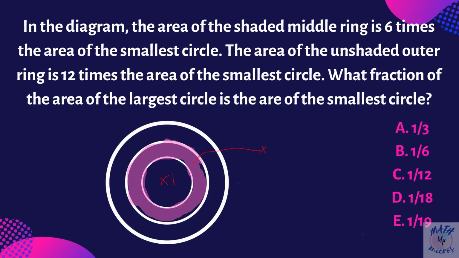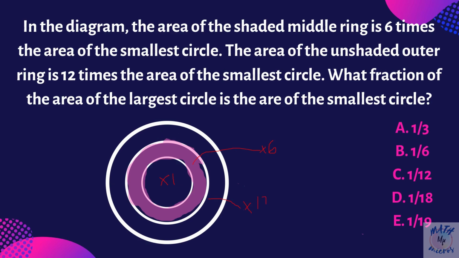The next part says the area of the unshaded outer ring is 12 times the area of the smaller circle. So this part is the unshaded outer ring, and it is 12 times the area of the smaller circle.